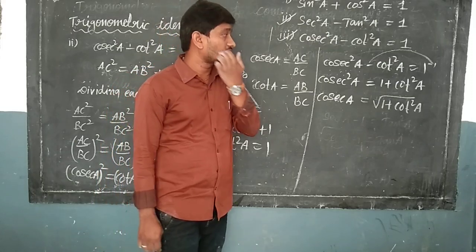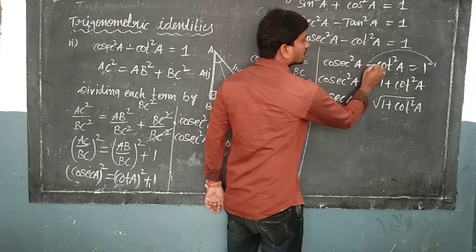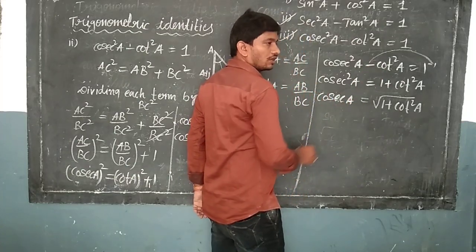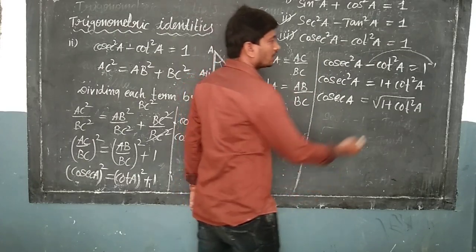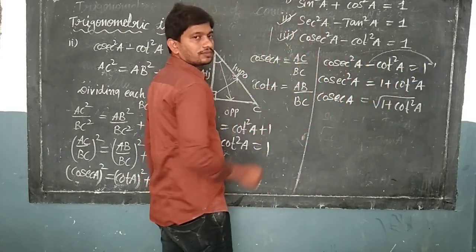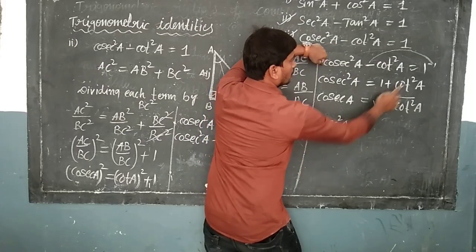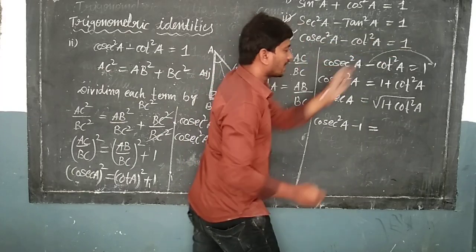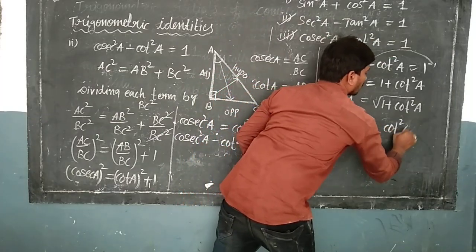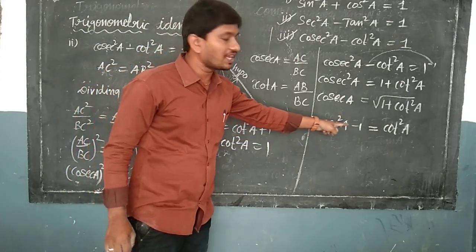Yes? Next, coming to, in terms of cot, actually here minus cot square A. Let me take towards right hand side, which will become plus cot square A. This plus 1 you take left hand side, I mean cosec square A plus 1 comes to this one means minus 1. So cot square A formula is cosec square A minus 1.